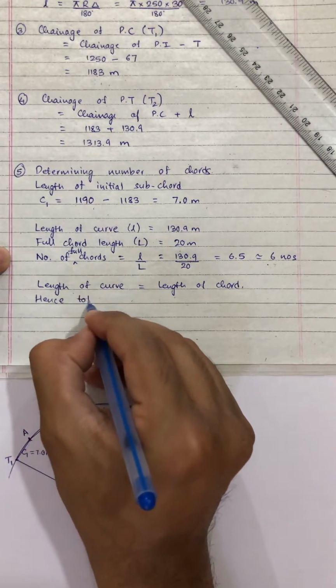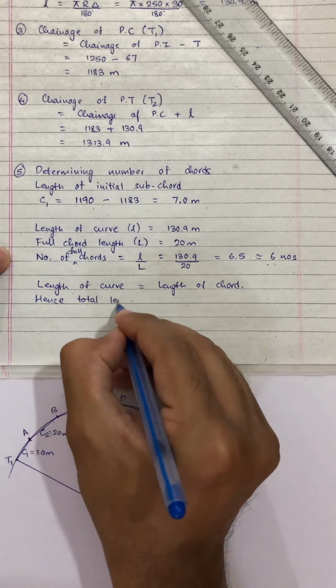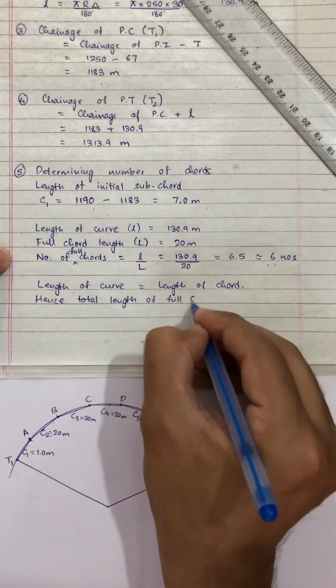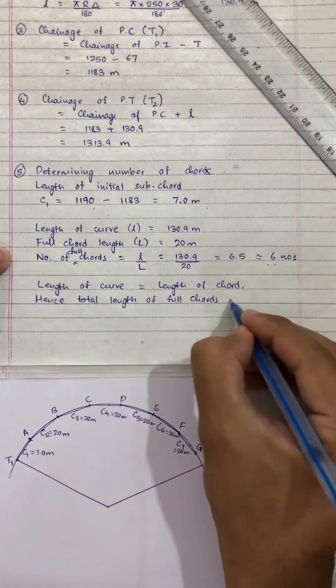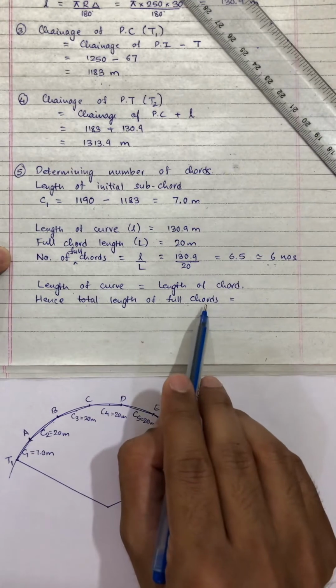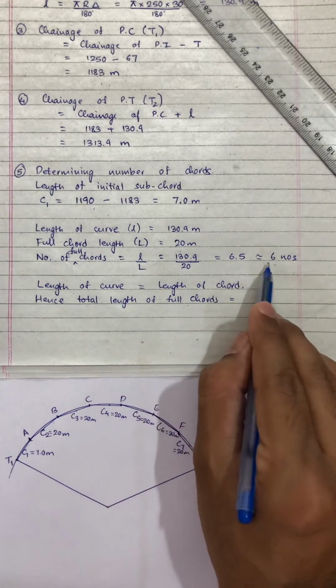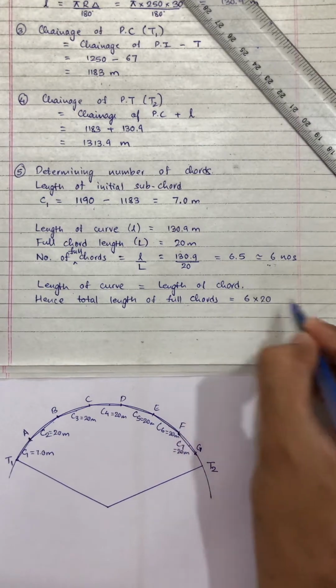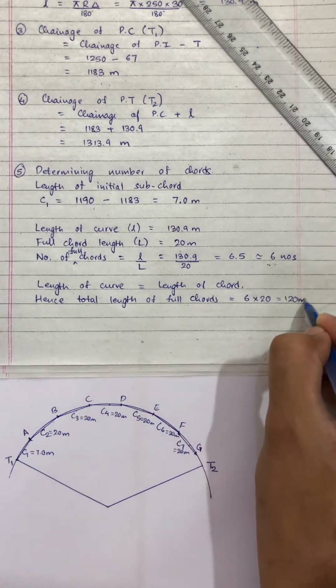Hence, the total length of full chords will be equal to what? One full chord is of 20 meter length and there are 6 full chords. So that will be 6 into 20, that is equal to 120 meters.